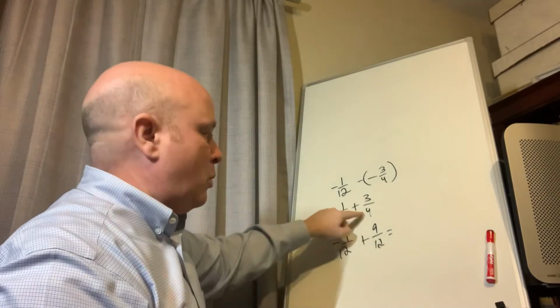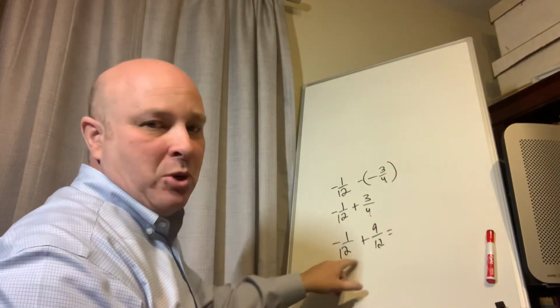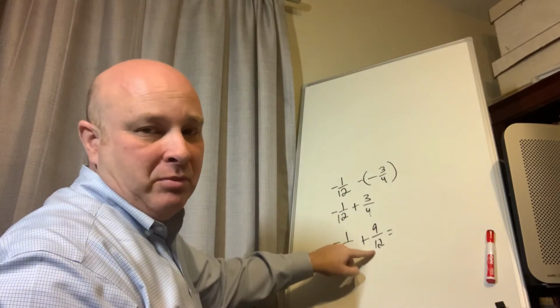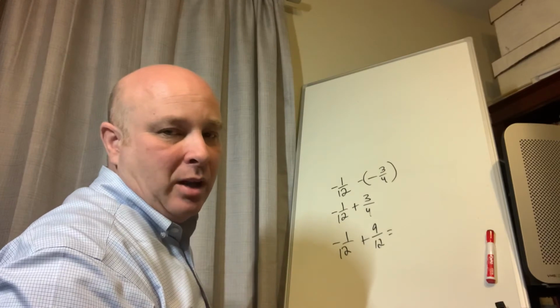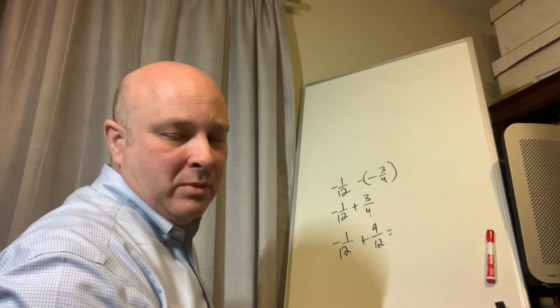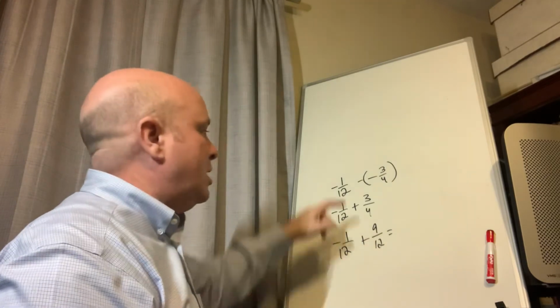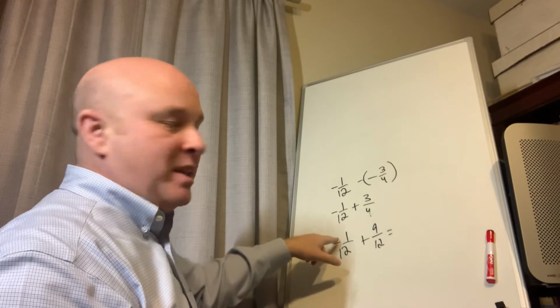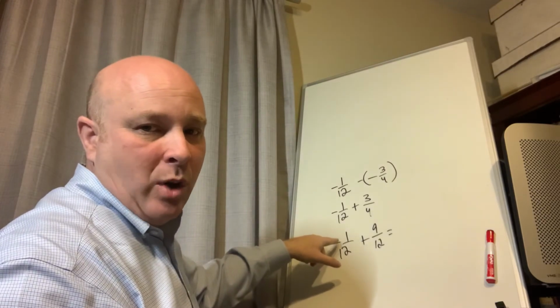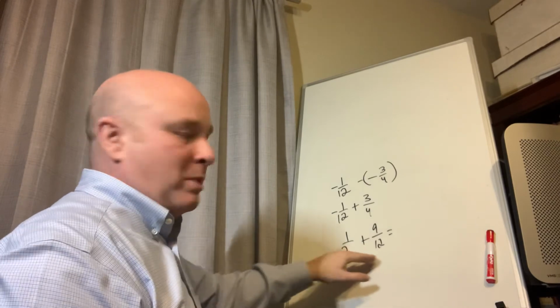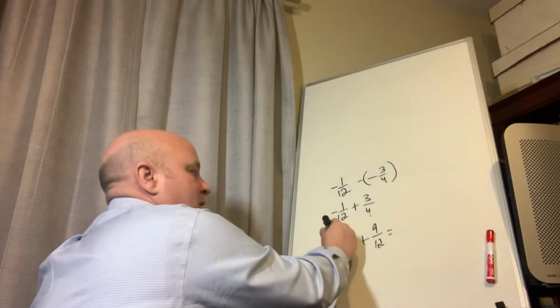Okay? You see, I converted the fourths to 12ths. I just took my 4 and multiplied it by 3, and that way both my denominators are the same. And if I multiply the bottom times 3, I multiply the top times 3, because if I multiply them by 3 over 3, it's the same thing as multiplying by 1. In other words, I didn't really change the value. 3/4 and 9/12 is the same exact value. Now I have a negative 1/12. I'm going to use this number here, since my denominators are 12. I'm going to move my negative sign up here.